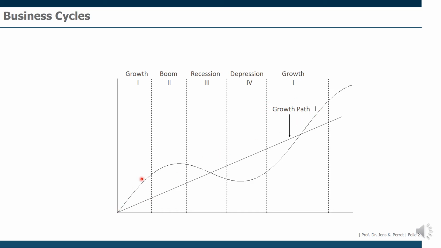And we can talk about the medium-term fluctuations, which here is the archetypical business cycle, where we assume that the length of such a business cycle lies somewhere between 4 to 7 years. That's also what I'm going to talk about in this session, and in particular, how different variables develop in the different phases of this business cycle.